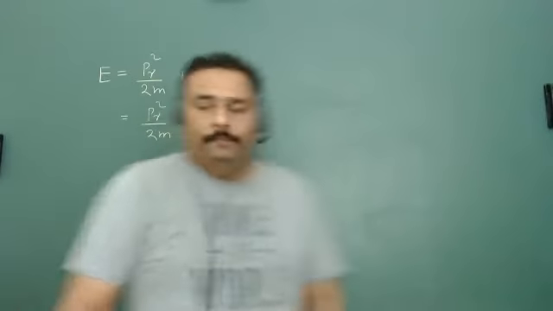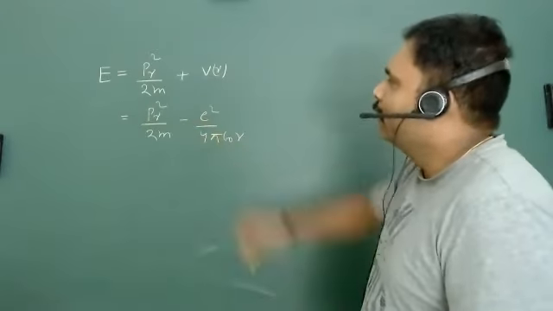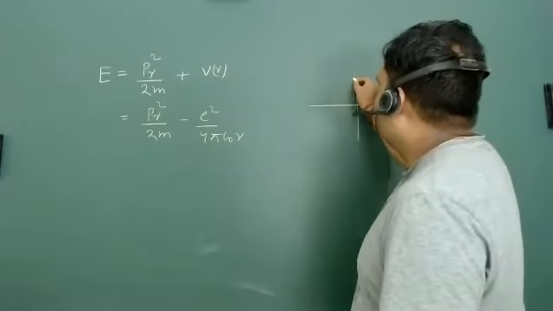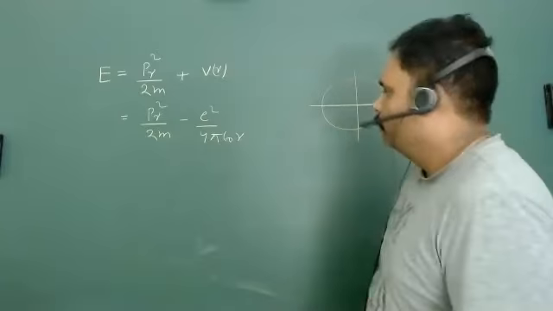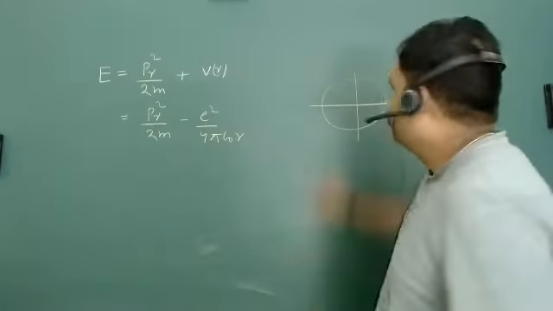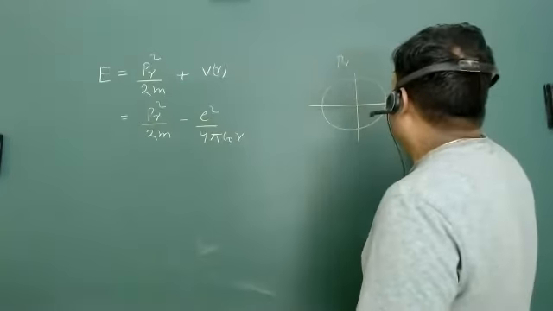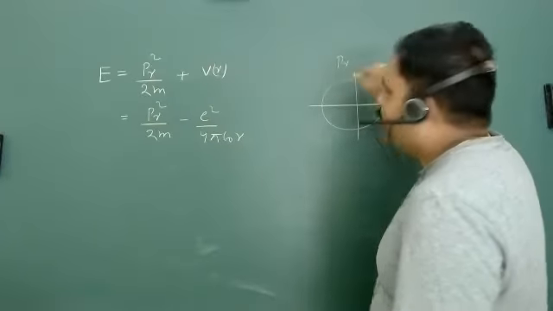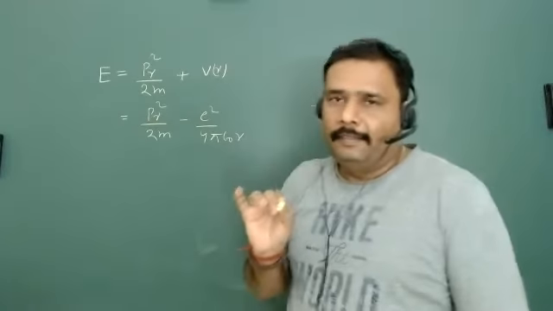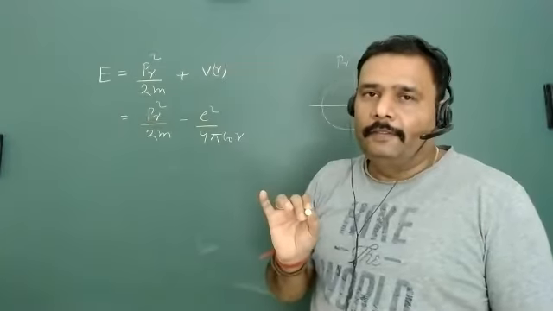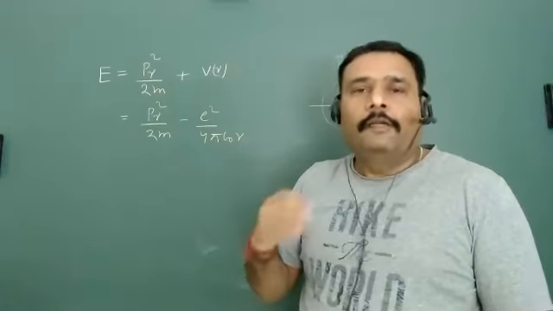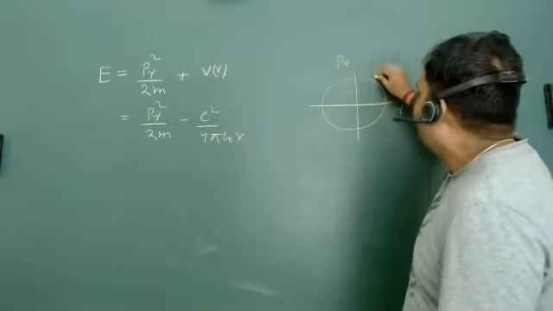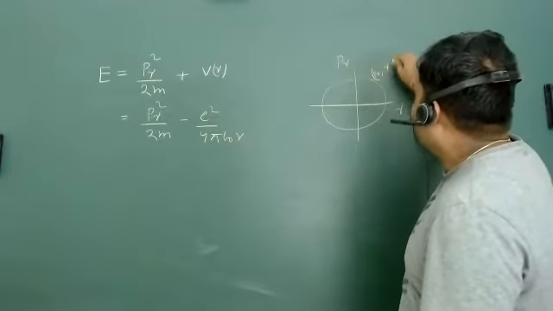Now what is the problem? If I am writing this from the uncertainty principle, what am I assuming? Whatever the phase curve is, suppose we are going for Pr and r, I can assume this point is dimensionless. According to the uncertainty principle, we cannot say precisely this is my Pr and r.